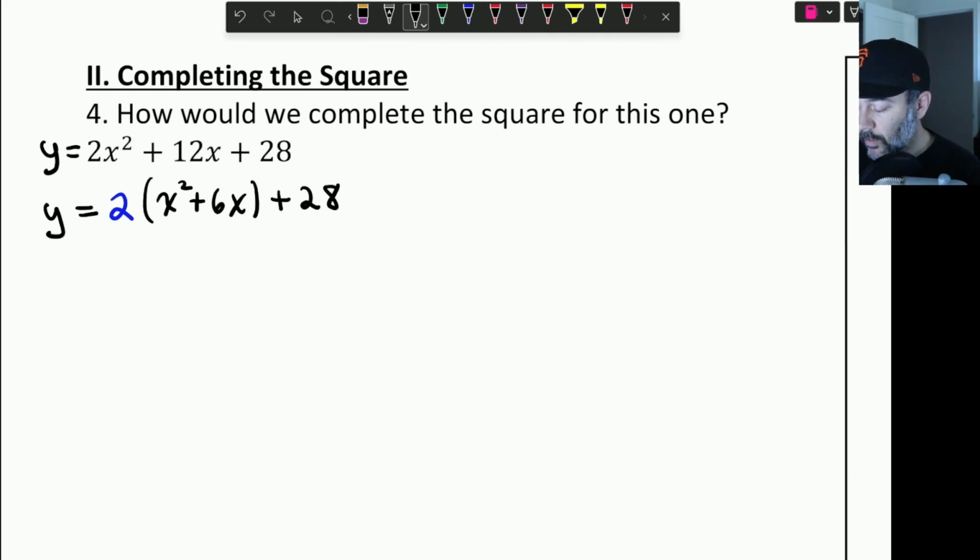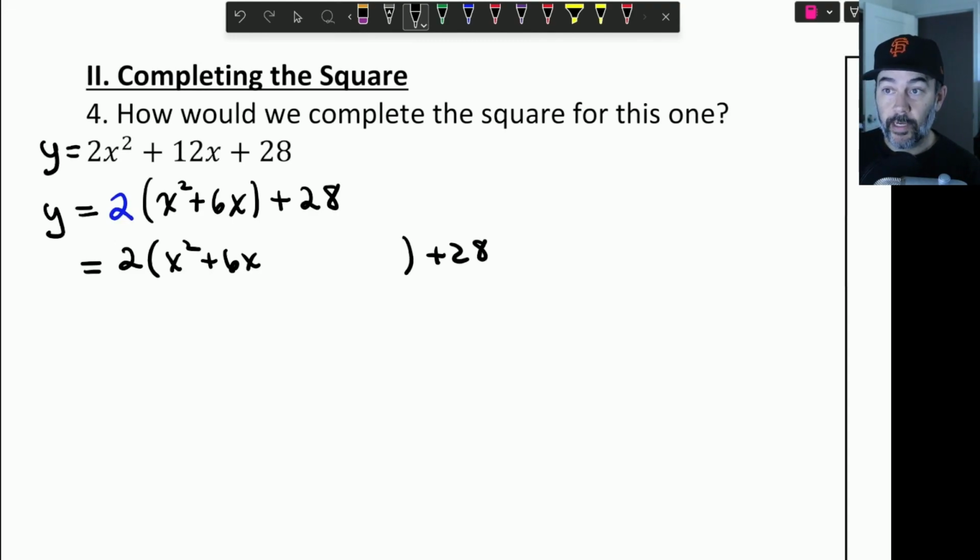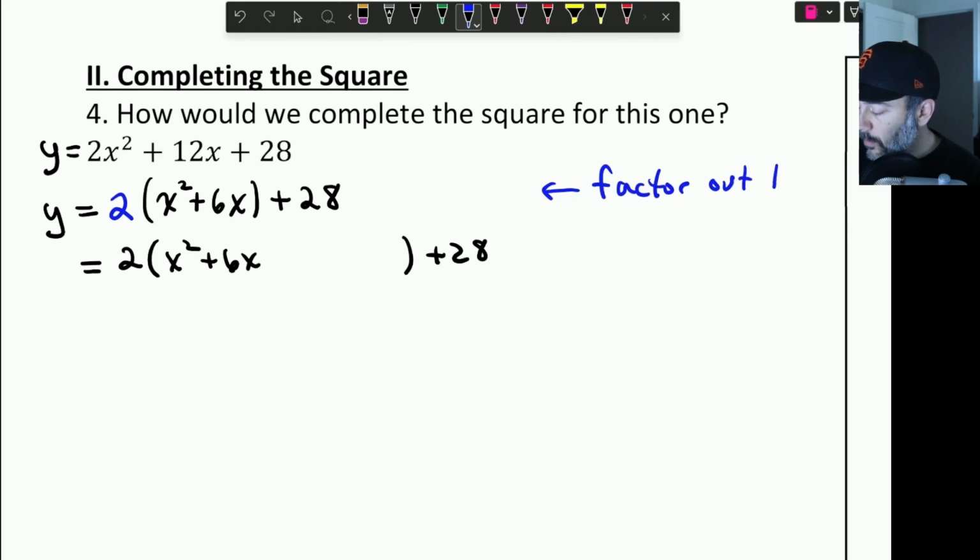Okay. Now, rewrite this, x squared plus 6x with some space plus 28. Now I left space to add and subtract a number. Now what we want to do, so just to write down my steps here, factor out the leading coefficient.